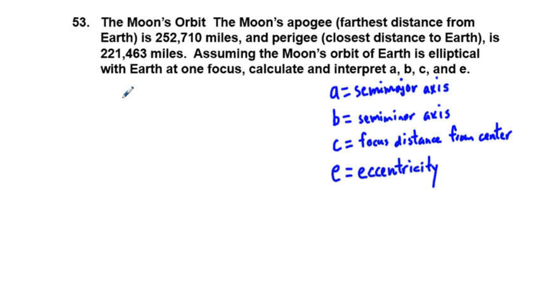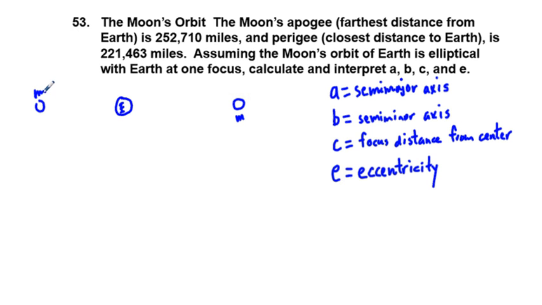We're given the Earth right here, we'll call E, and we have the moon a certain distance away. That's our moon on one side and on the other side.